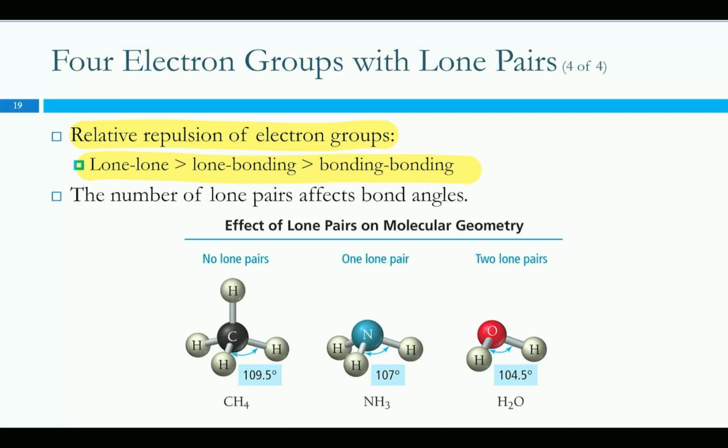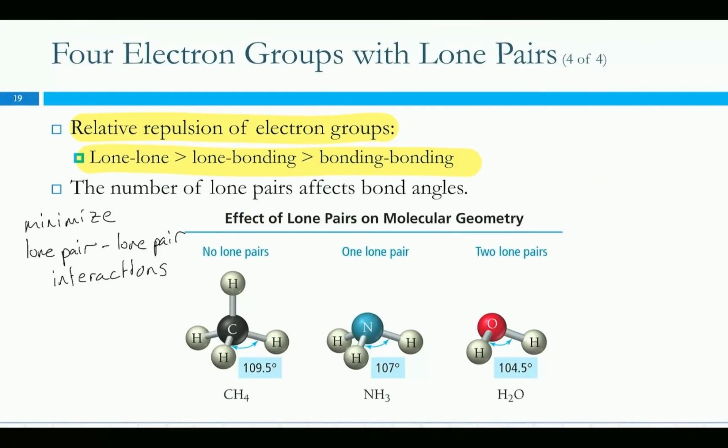For these molecular geometries it doesn't matter so much; we see this angle decrease. But when we start adding more lone pairs, especially for AX5 and AX6, we have different options for where we can put lone pairs, and that changes depending on this, to minimize lone pair bonding interactions. So if you have an option, you want to minimize that.